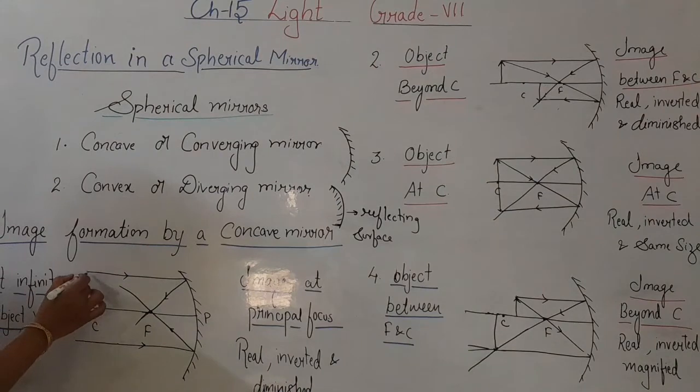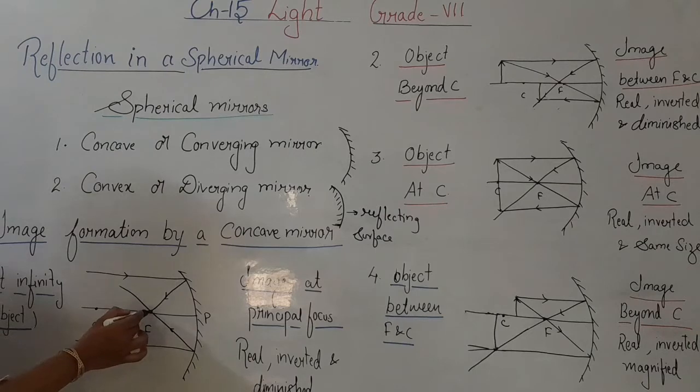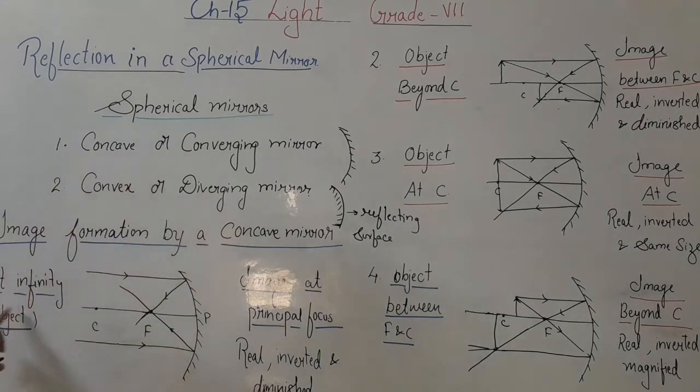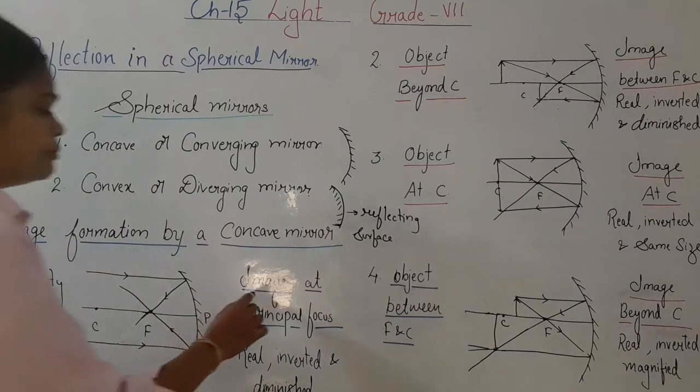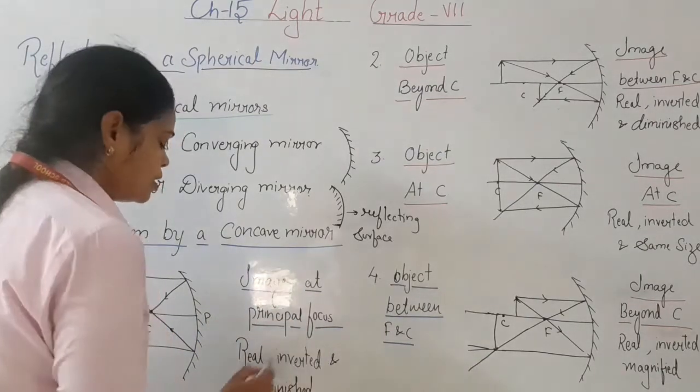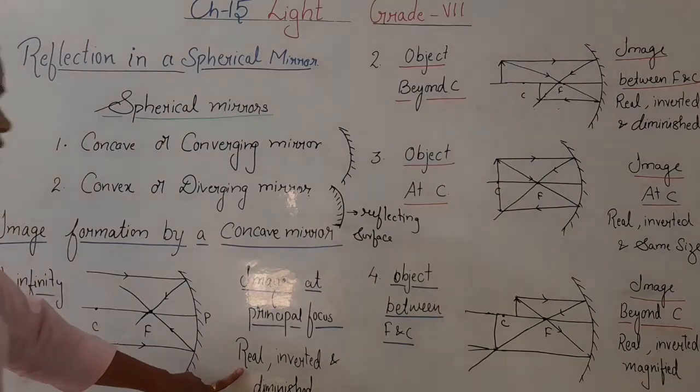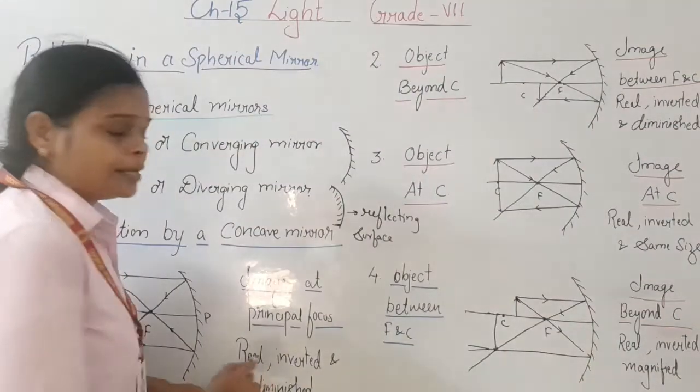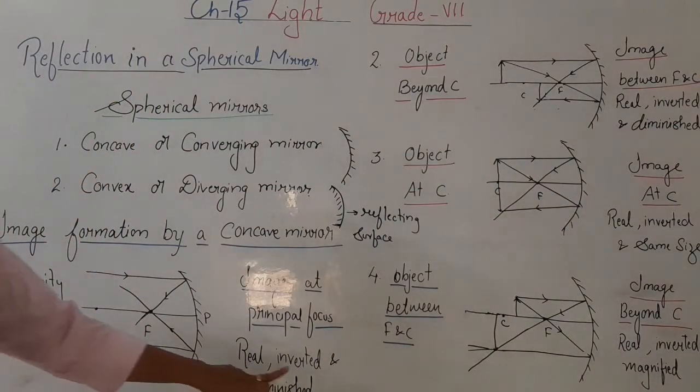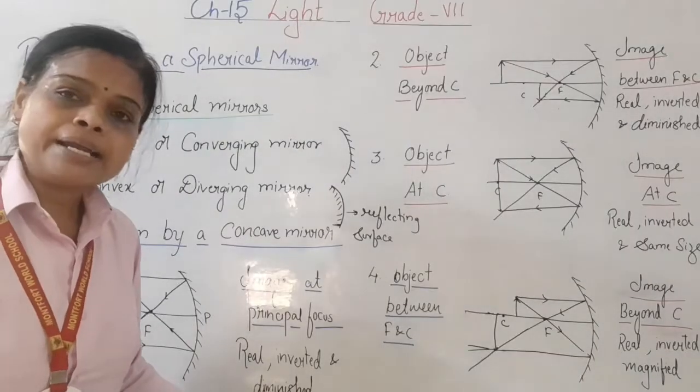The rays from the sun are coming and meet at a point which is called the focus. The nature of the image is real, inverted and diminished.